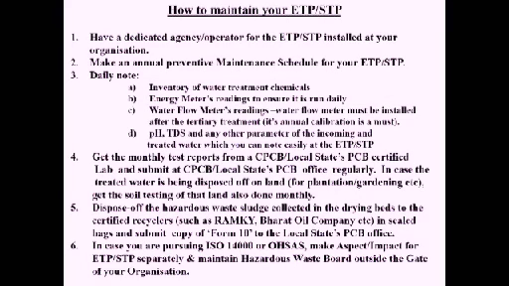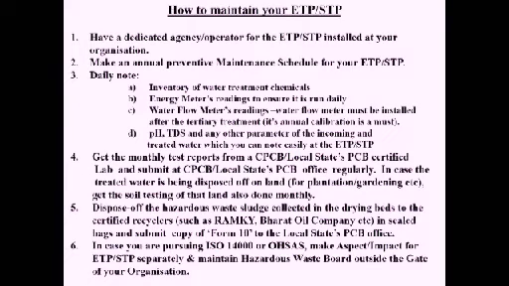Now comes how to maintain your ETP or STP. So I have given here 6 simple points. Number 1, have a dedicated agency or an operator for ETP or STP installed at your organization. Number 2, make an annual preventive maintenance schedule for your ETP or STP. Number 3, daily note inventory of the water treatment chemicals, energy meter readings to ensure that it runs daily, water flow meter readings.